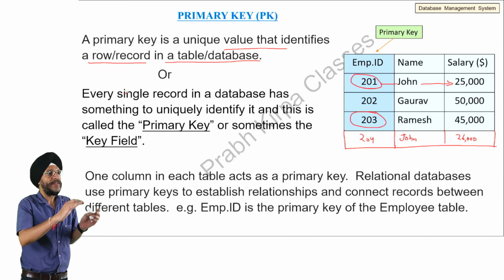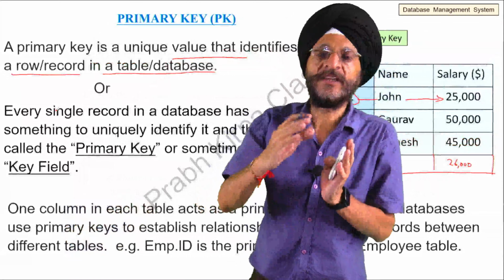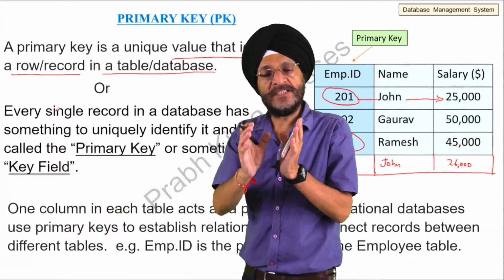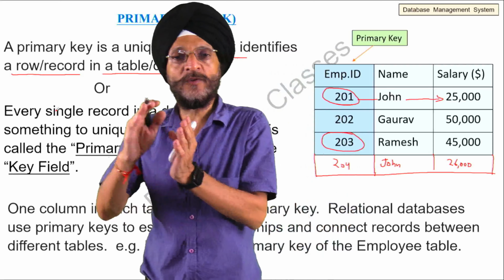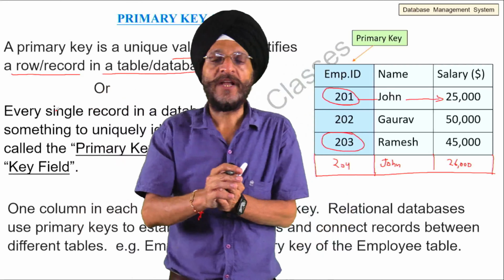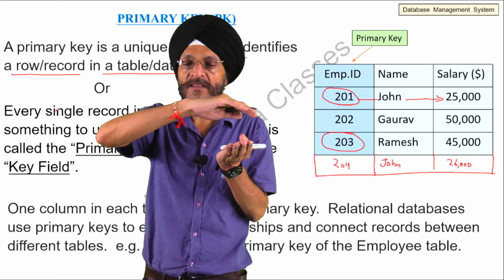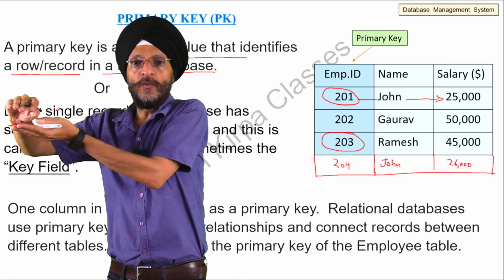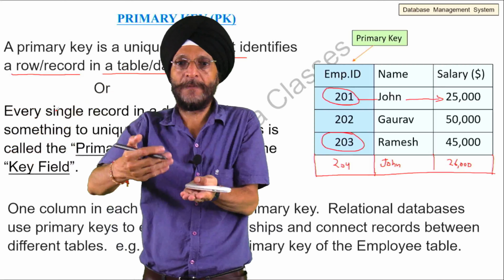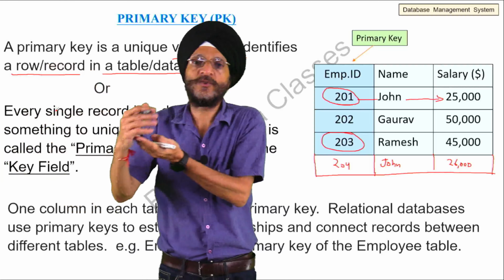In the same way, if we are talking about customers, then customer ID will serve the purpose of primary key and we will be able to recognize all the attributes pertaining to one particular customer. What is his name, what is his address or contact number.